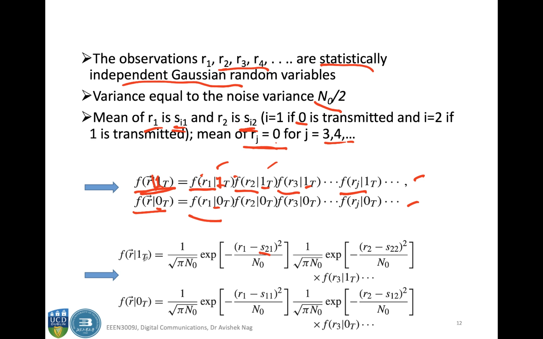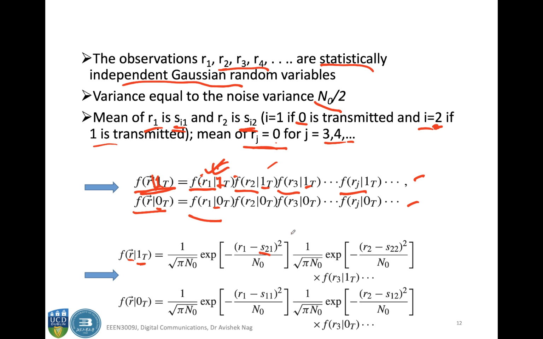So when we write the PDF of R given 1 was transmitted, so 1 was transmitted means I equal to 2. Okay. If 1 is transmitted, I can write R1 minus S21 for the first term.